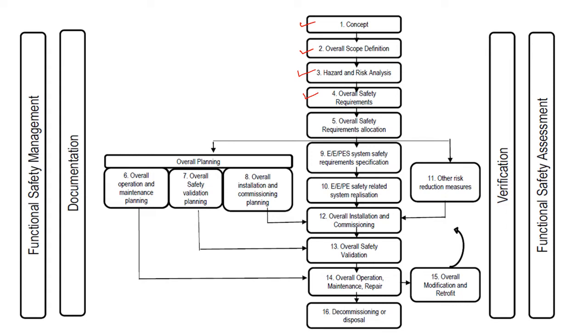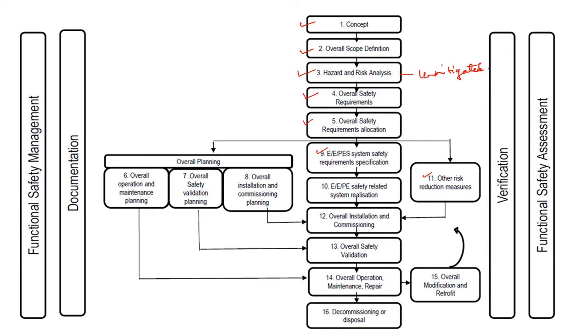Now the overall safety requirement is allocated to different sectors. One of them can be electrical, electronic or programmable electronic devices, and there can be other methods of risk reduction also. Through hazard and risk analysis you get to know your unmitigated risk, because at this time you have not mitigated anything.